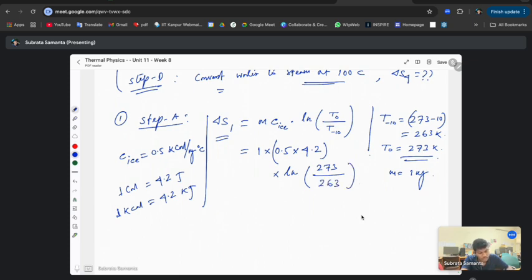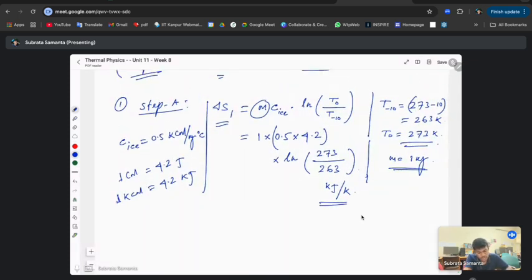If you calculate this, the unit is kilojoule per Kelvin. The kg cancels, since m is 1 kg, and by convention I wrote Kelvin.